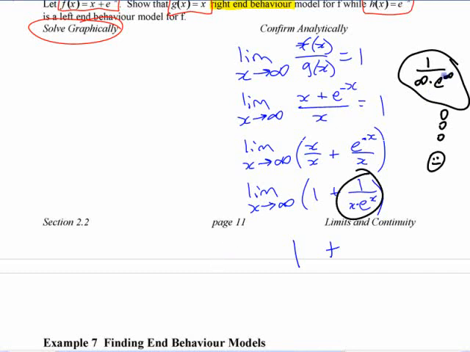Well, think about e to the infinity, what's that? Infinity, right? You can't get any bigger than infinity, so e to the power of infinity is infinity. And then you have infinity times infinity. 1 over infinity is like 0.